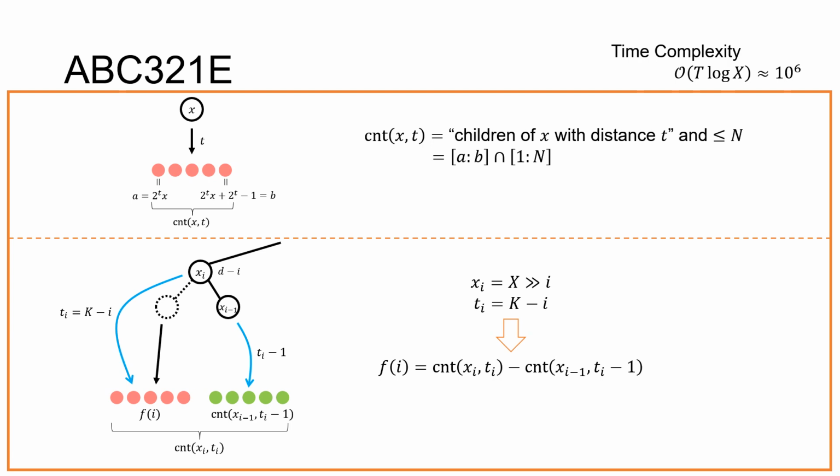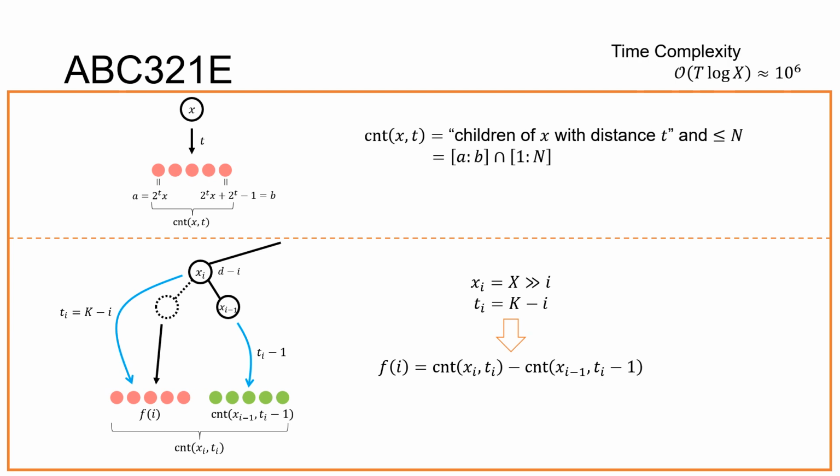After slight considerations, the minimum index of children of vertex x with distance t is expressed as 2 raised to the power of t times x, and the maximum is expressed as 2 to the power of t times x plus 2 to the power of t minus 1.